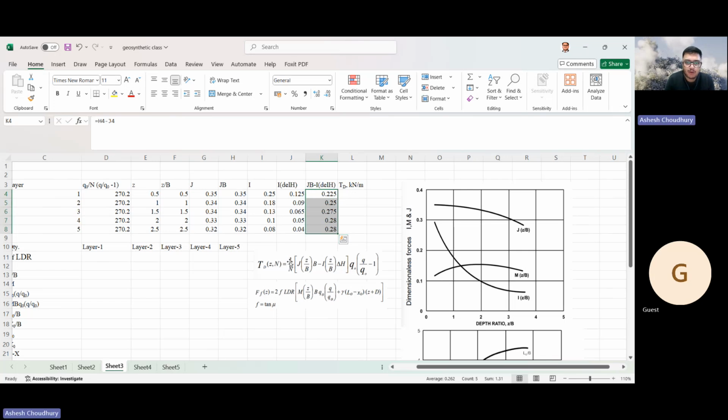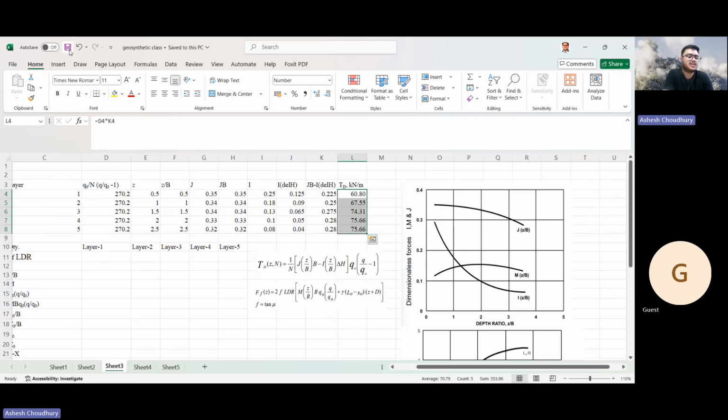Finally, my whole term is 1 by n Q naught into Q by Q naught minus 1. This you already calculated, so multiply this times this value, and we get the TD.